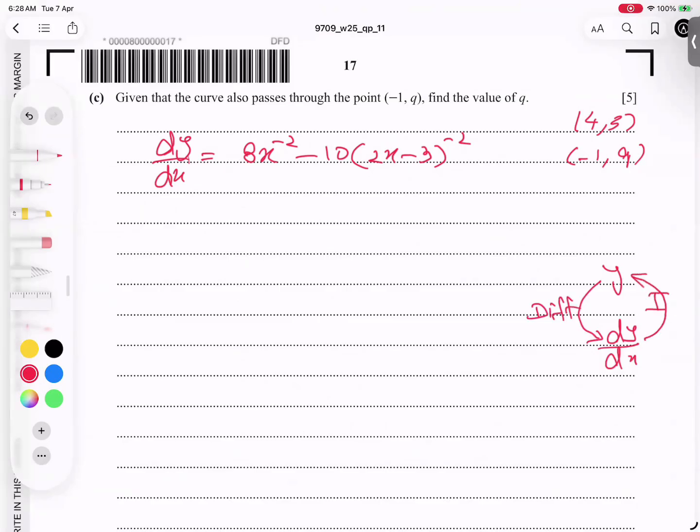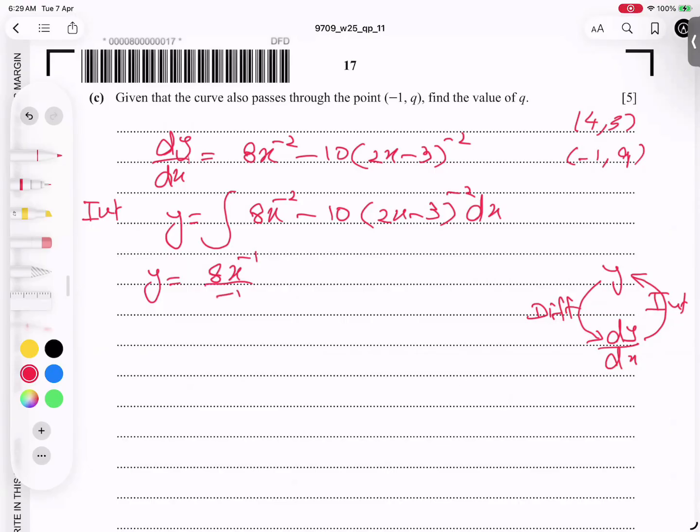So integrate. Right now we are on this level, we have to integrate. I'll get a y here, with the integral sign. The rest is the same, I hope the concept is clear. I'm going to integrate, students, increase the power by 1, so I got negative 1 divided by the same.